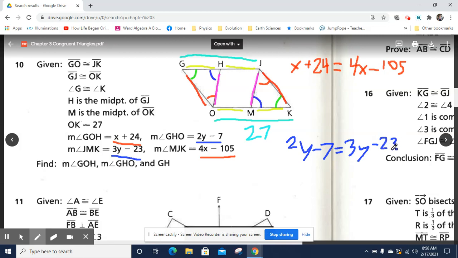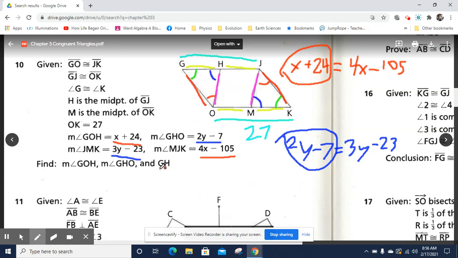That will lead you to a solution for the measure of angle M. You can find out what y is, and then plug it back into either one of these to figure out what the angle is. Just like up here, you can figure out what x is, and then plug x back into x plus 24, and you'll know what the measure of angle GOH is.